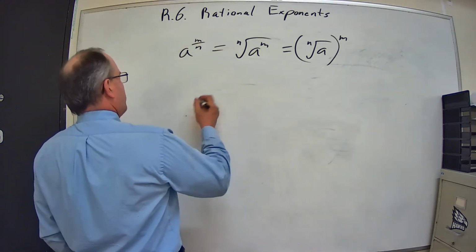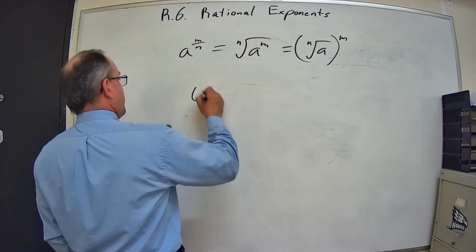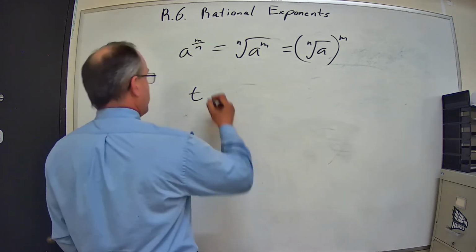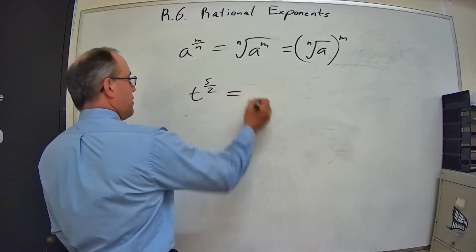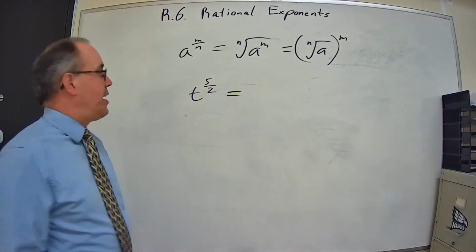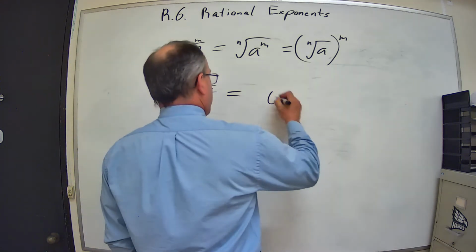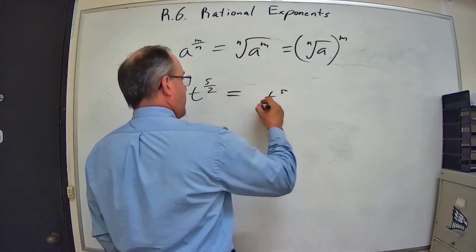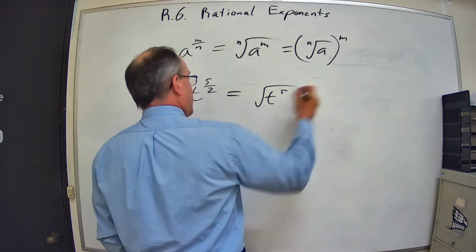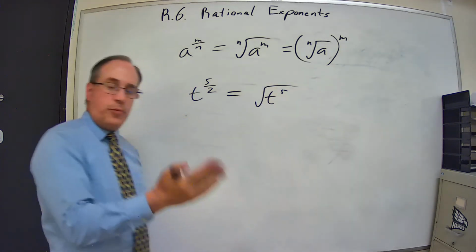So if I have t to the 5/2, we can rewrite that as the square root of t to the 5th. I don't have to put a 2 in there, right?